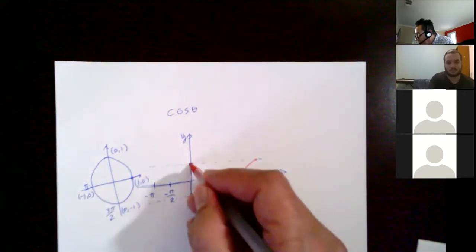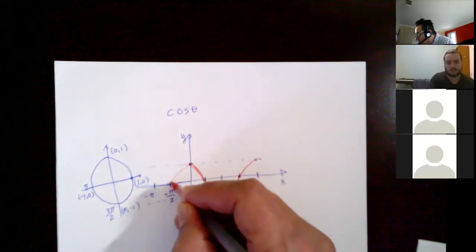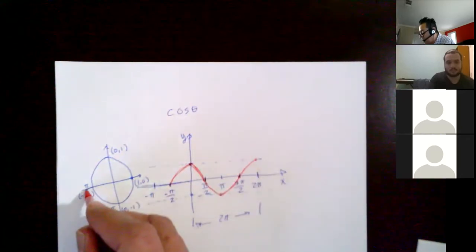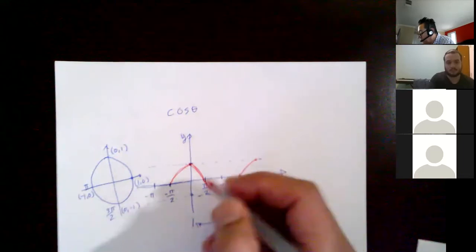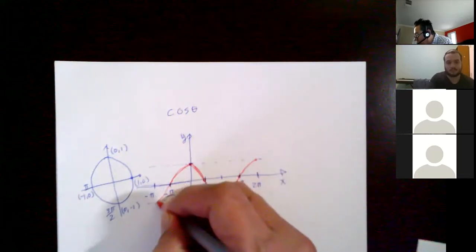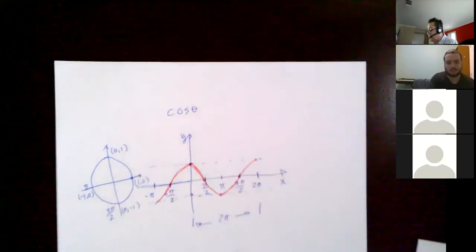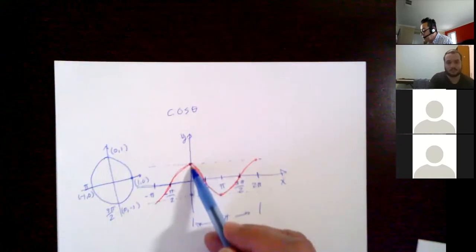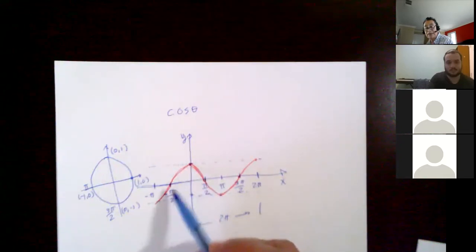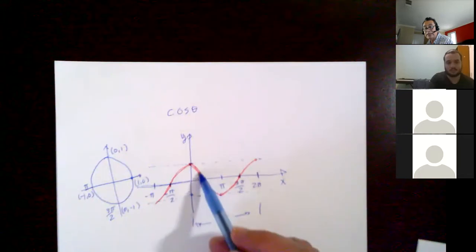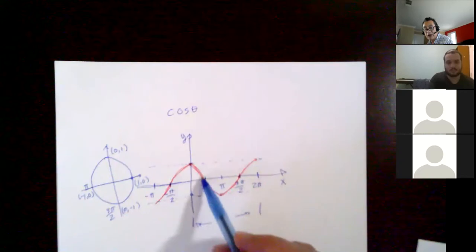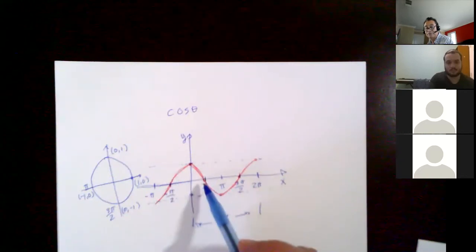At negative pi, the cosine is negative 1. Notice the cosine is symmetric with respect to the y-axis. That's why it's even. Graphically, that's the reason.